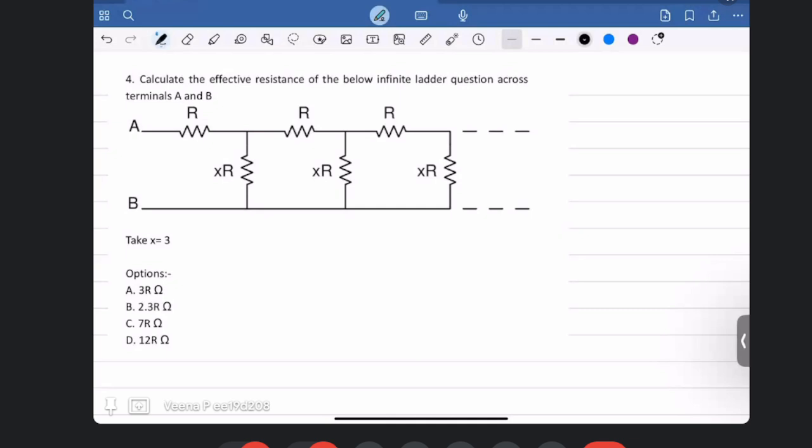So in the absence of this branch also, you are seeing the same R equivalent.